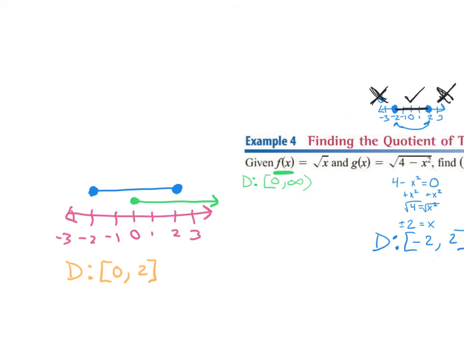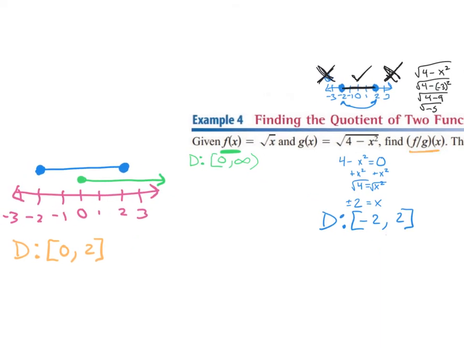So this is going to be our domain of our combination of the functions, but since we are dividing here, we also have another restriction where we can't have 0 on the bottom. So this is our domain for now until we find out what our f over g is. So let's figure out what our f over g of x is going to be.